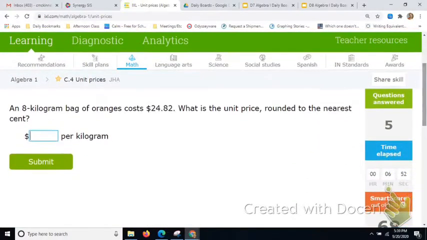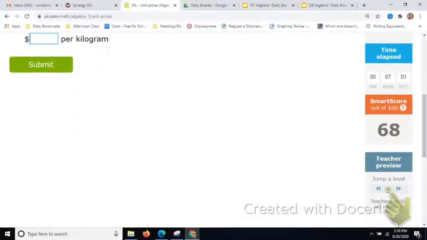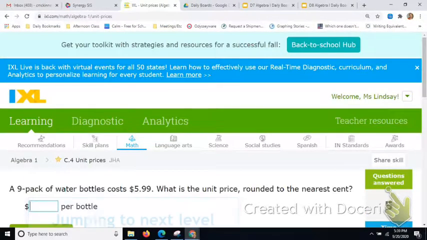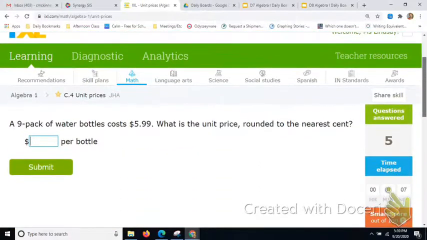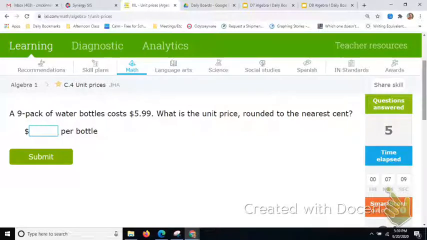So again, this is asking for the nearest cent. So I'm going to divide and then have to round. So a 9-pack for $5.99.